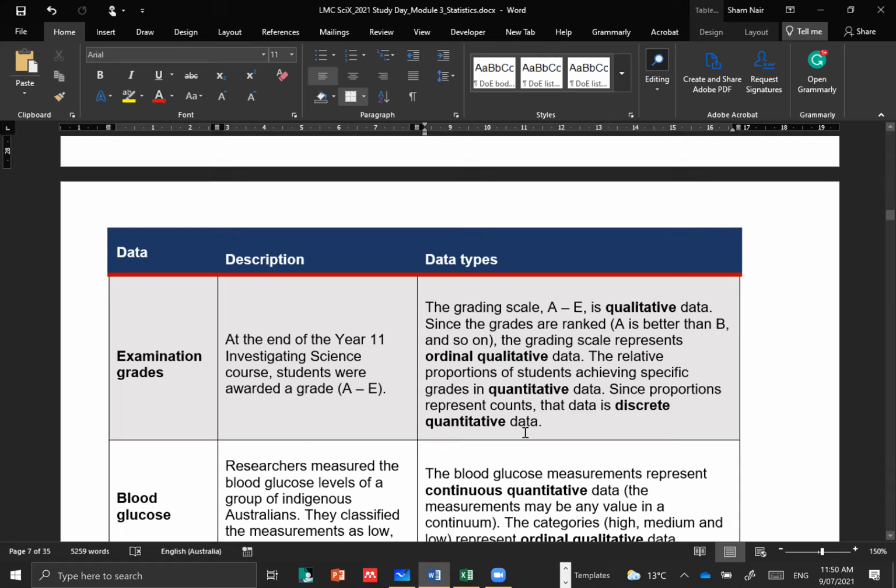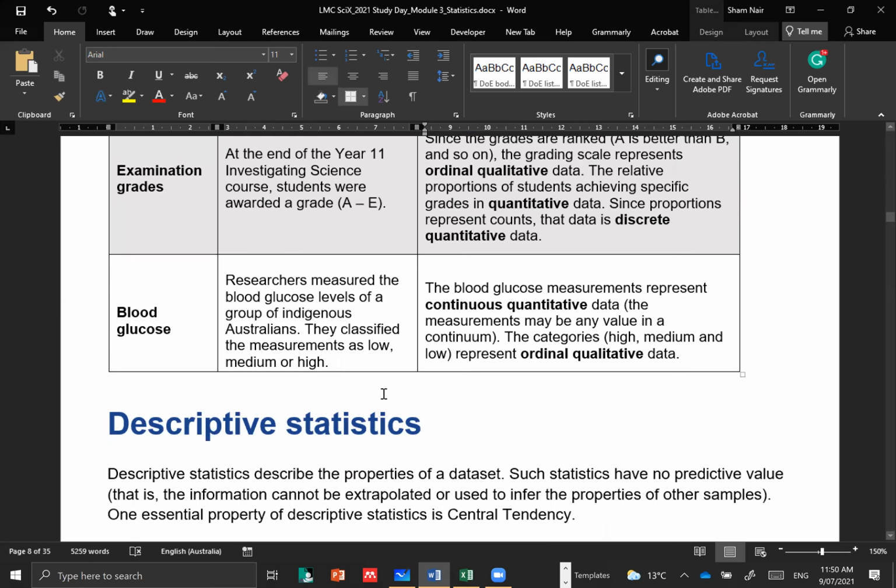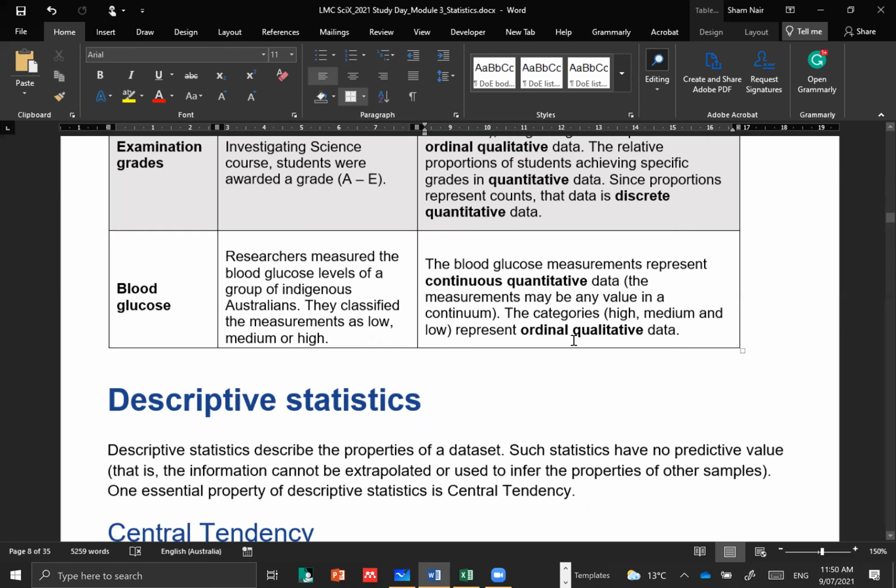That's a key message that I'd like to send to you. When you're looking at a variable, look very carefully at what actually is being measured and reported. Is it just the groupings, or is it the measurements within those groups? Because that determines the type of data you're dealing with. The third example there, you can look at it later.